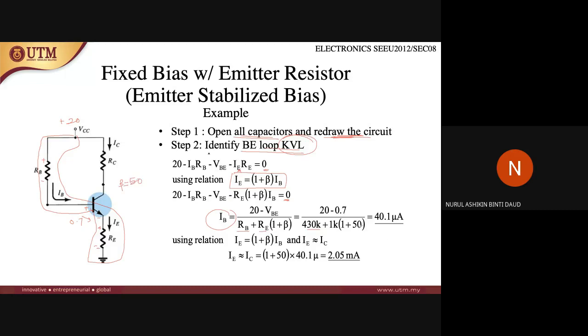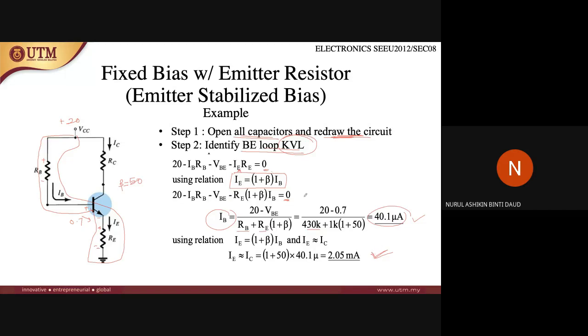So 1 plus 50, you will get the value of IB as 40.1 microamps. Next, how to find IE? Using the relation IE equals 1 plus beta IB. You know the value of IB, 40.1 microamps, times 1 plus 50. So you will get the value of IE as 2.05 milliamps.